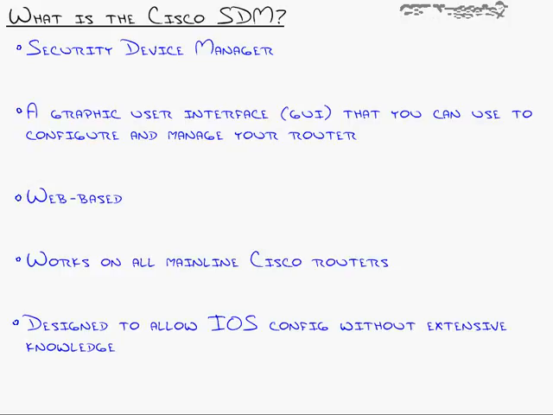But they say the more complex configurations can be done using the SDM. As you move further and further in your certification journey into the Cisco world, you'll see less and less of the SDM and more of learning the command line, because that's really how you can get into the nitty-gritty, and there's no graphic interface that can give you the flexibility of a command line.